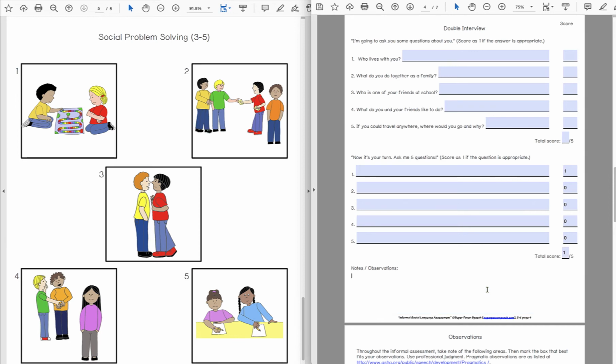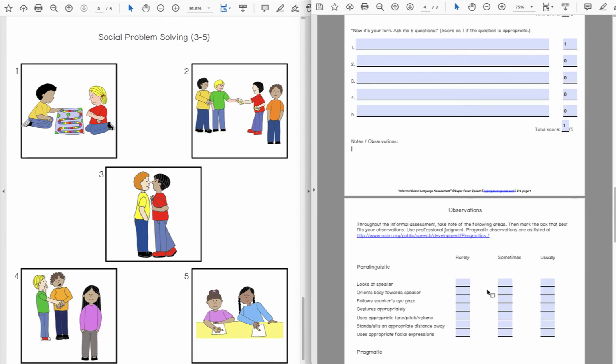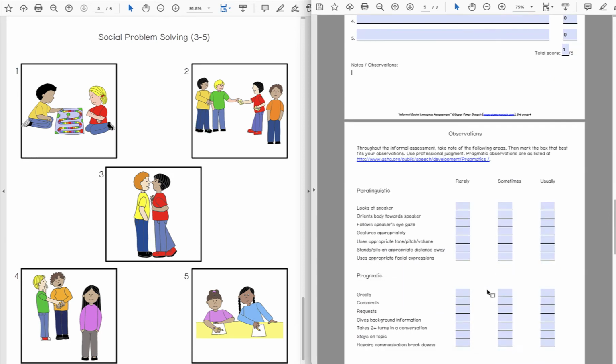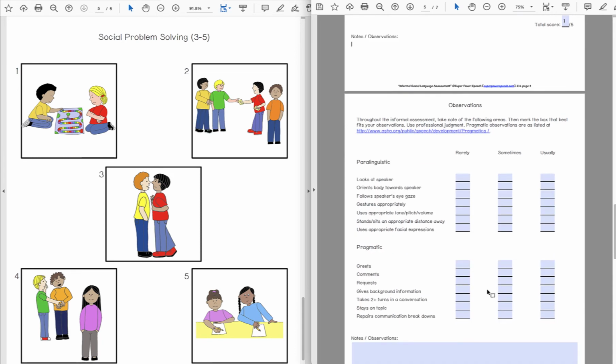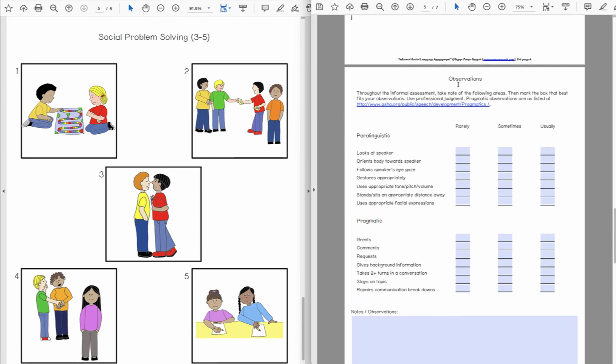Down here, I can put in any notes or observations if I would like. Then I'm going to go through, usually after the fact, but sometimes I can fill it out as I'm going along, and I'm going to put down any observations that I have. These observations you can find at asha.org. But what I did here is I just kind of made a rating sheet. Of these things, how often does the student look at the speaker? Rarely, sometimes, or usually.